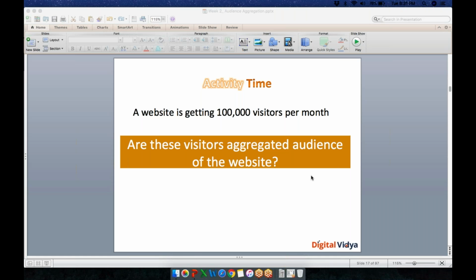Okay. So the simpler answer to this is, the reason why it's a no is because these 100,000 visitors are not subscribers of that website. They are visitors, which means that the website doesn't have any contact details, in terms of an email ID or a phone number or a Facebook followership or a Twitter followership, from those users that will allow the website owner to bring that potential visitor back out of those 100,000 visitors when they want.